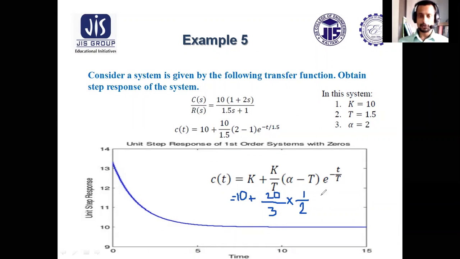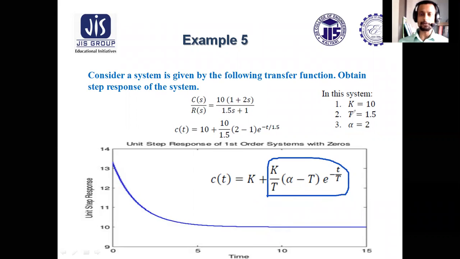So this will become 20 by 6, that is 3.33, giving 13.33. So C(t) will be 13.33 at the start, and as time goes on, due to this exponentially decaying term, it will decay slowly. So if time constant T is less than alpha, then the step response curve will be exponentially decaying.